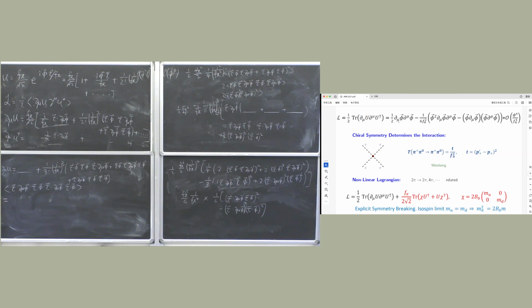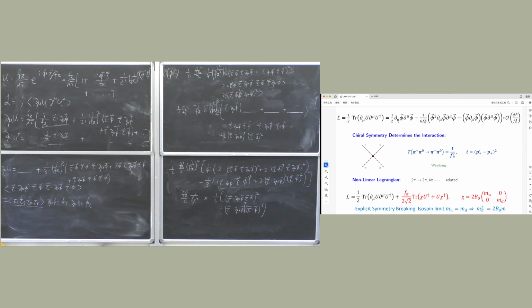We want to calculate the trace of this term, and we just write the matrix in the trace and other fields I, J, K, L. And for this four Pauli matrices, the trace of it, we just write down its expression.